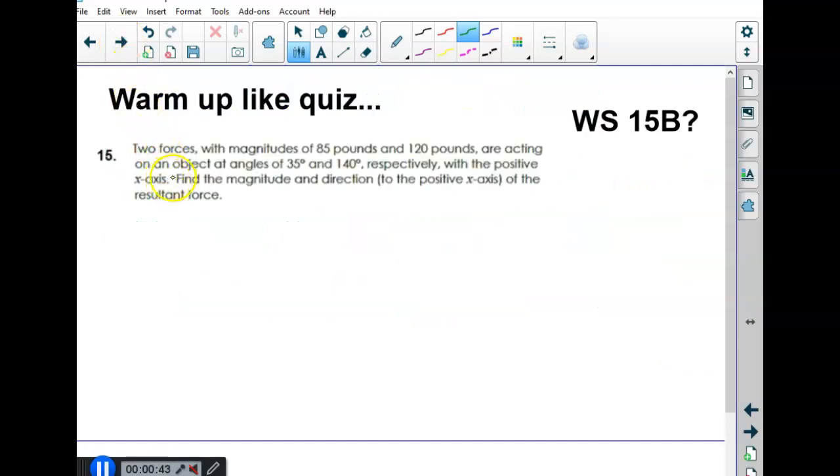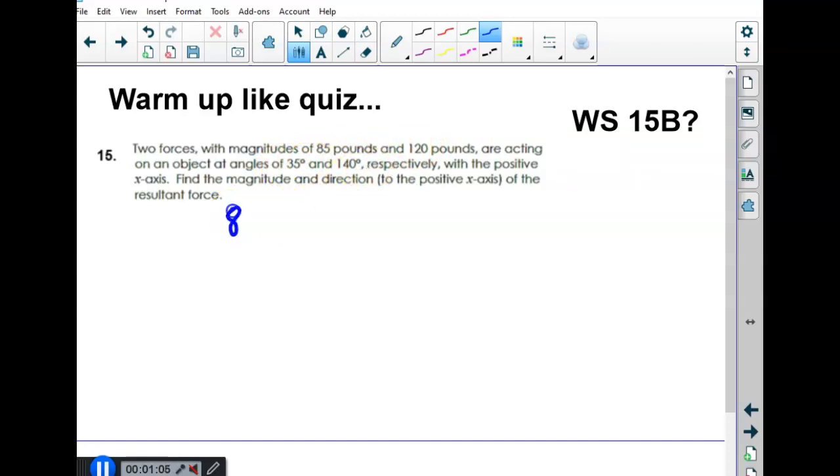All right. So first of all, on 15B, our warm-up problem on vectors, there is a question just like this on the quiz. It is not a difficult question, and I think I worded it a little better than this, but it says there's two forces, an 85-pound one and a 120-pound one. One is acting at 35 and one at 45.